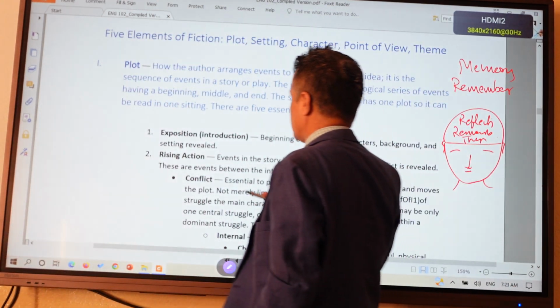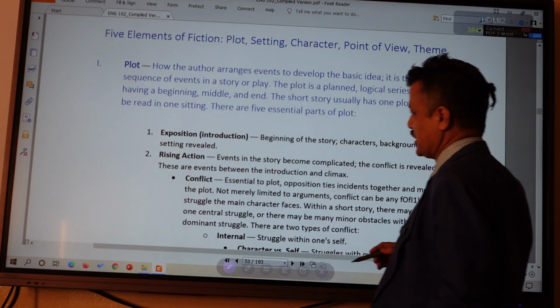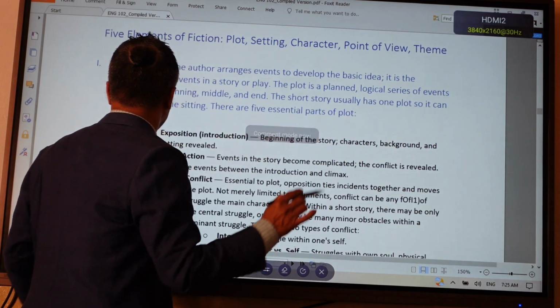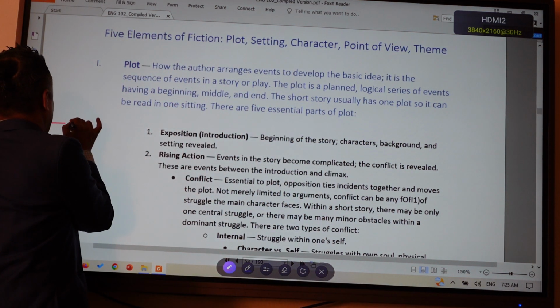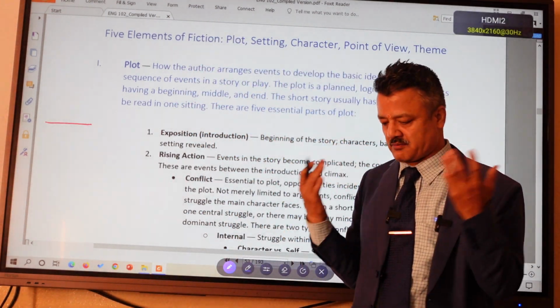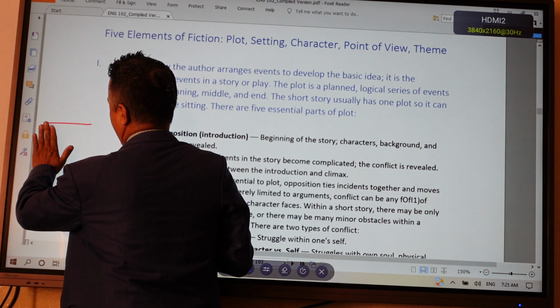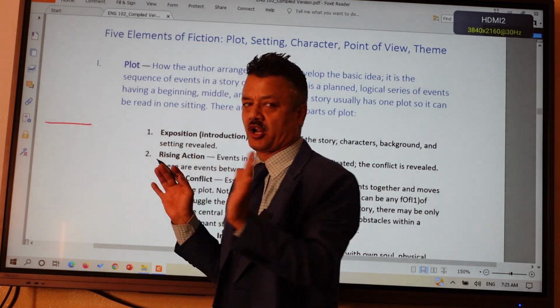Then, okay, now, when you talk about plot, always draw like this, for example. In non-verbal communication, in sign language, if you draw a horizontal line like this, it means things are normal.